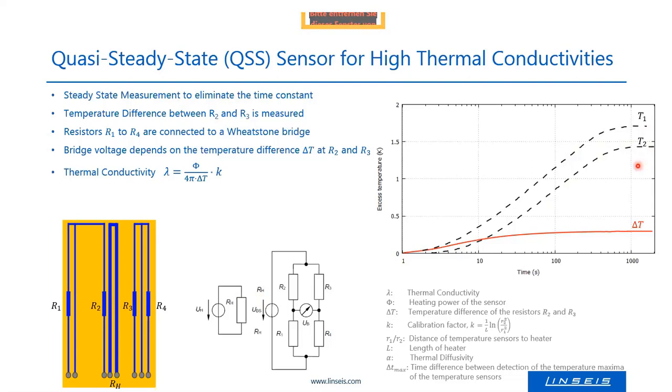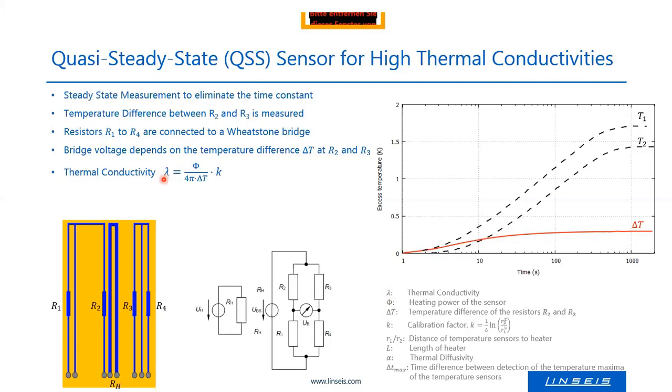Then the difference between T1 and T2 gives delta T, and the measurement needs to be done until delta T is constant. From this delta T, with the knowledge of the heating power or the heating energy, lambda can be calculated like in any other steady state method.